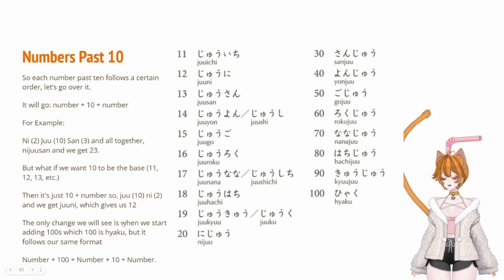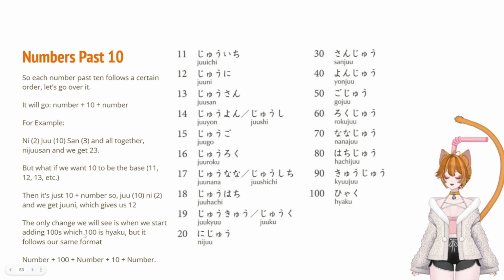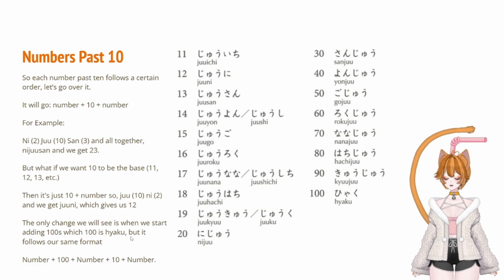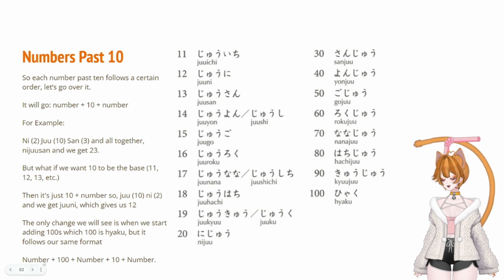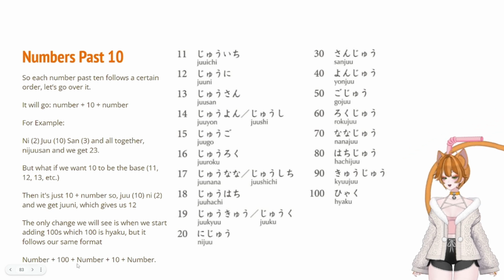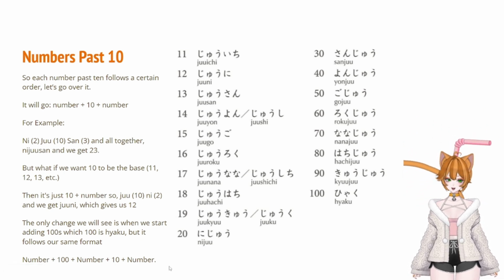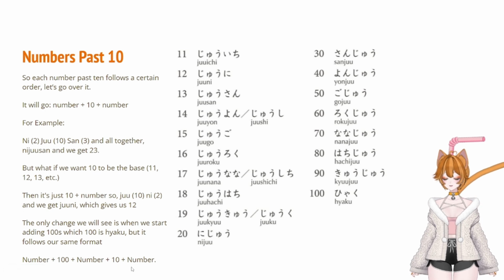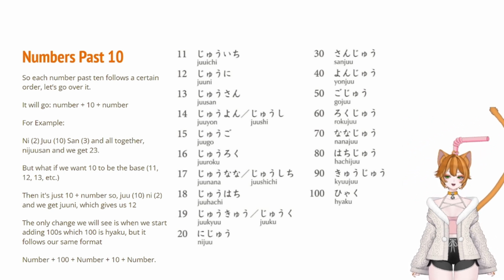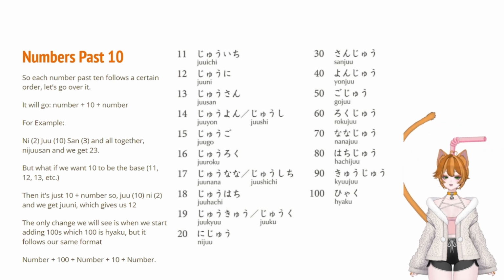The only change we will see is when we start adding 100s, which is hyaku, but it follows the same format. Number plus hyaku, 100, plus number plus 10 plus number. I know that sounds confusing, but if I wanted to make, say, 223, and we have 223.